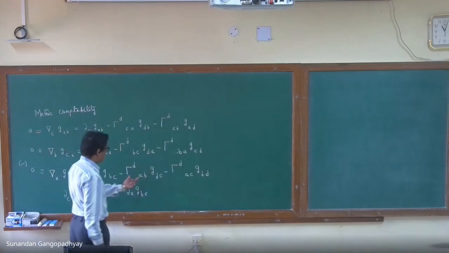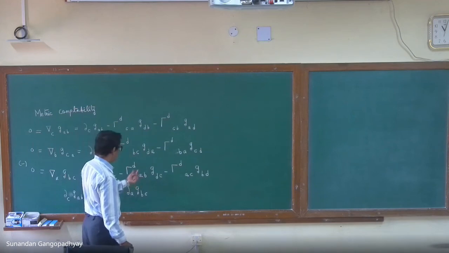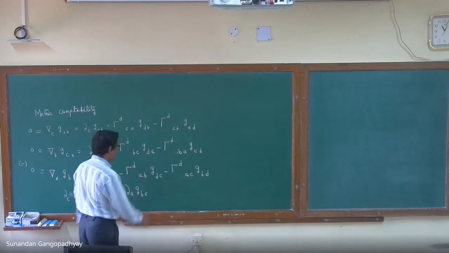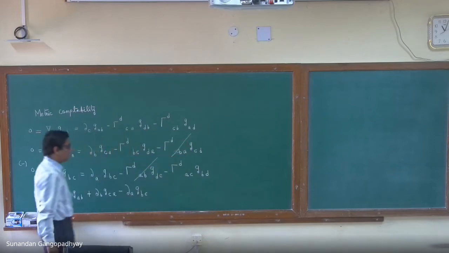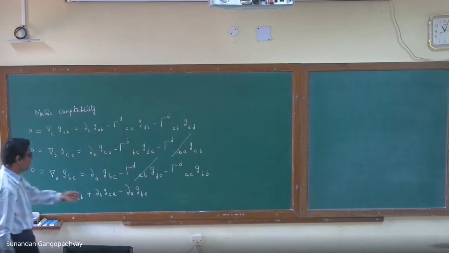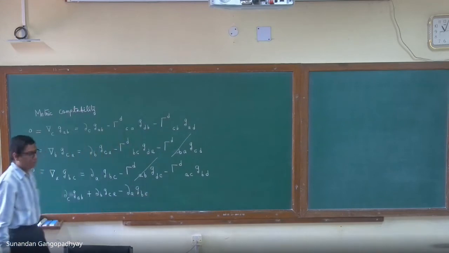If you demand that this gamma D AB is symmetric in the lower indices, then these two terms will cancel, because the metric tensor is obviously symmetric in the two indices.